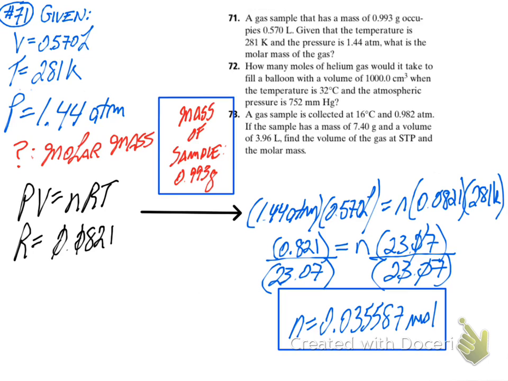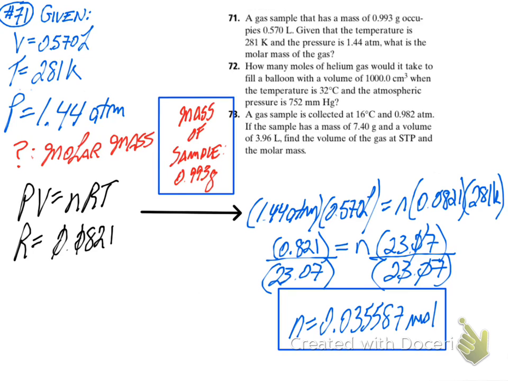You don't have to memorize that, but hopefully by the time you're done with these problems you will have it memorized. When I plug this in: 1.44 atmospheres for P times 0.570 liters for V equals n times this constant, 0.0821 when the pressure unit is atmospheres, times our temperature of 281 Kelvin.